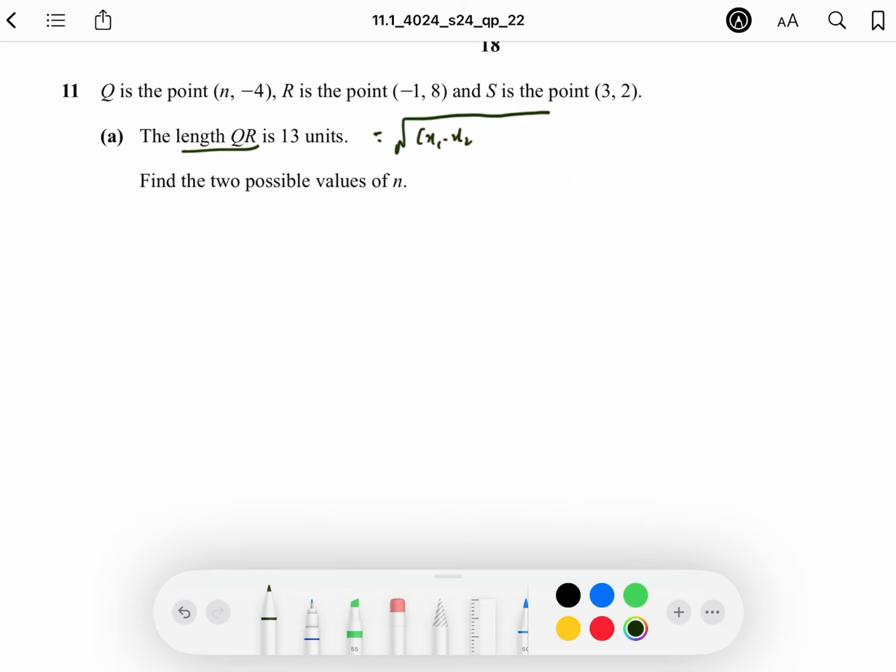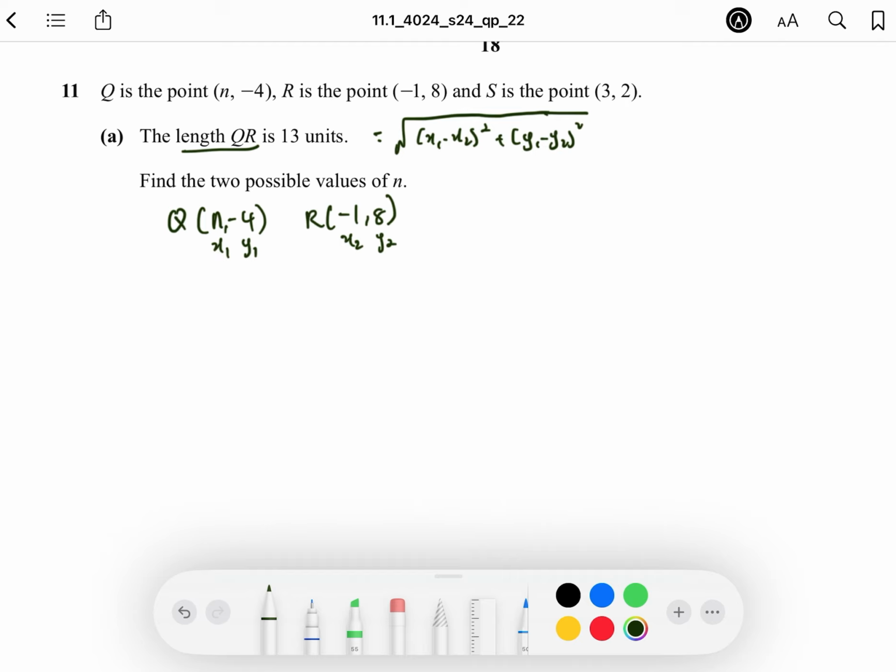Square root of (x1 minus x2) square plus the difference of the y square. Q and R. So let me write that down first. And R minus 18. That's my x1, y1, x2, y2.